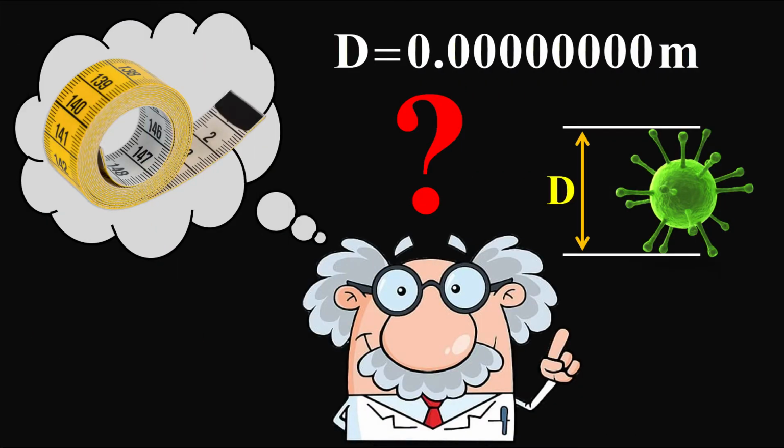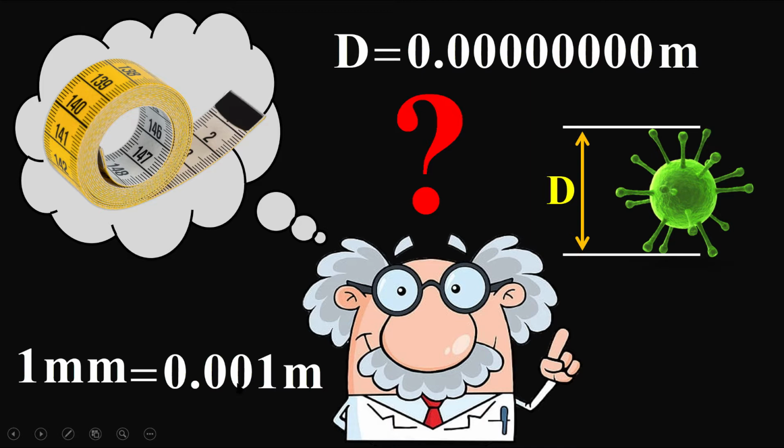Okay, let's go back to the initial question. What should we do with this measuring tape and the diameter of the virus? Okay, pay attention. In this measuring tape, the minimum graduation is 1 millimeter, 0.001 meter. You can't measure smaller than this value. The minimum size of your measurement with this measuring tape is this, 1,000th of a meter.